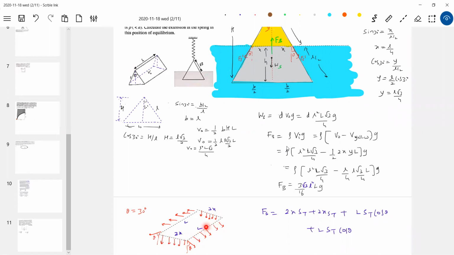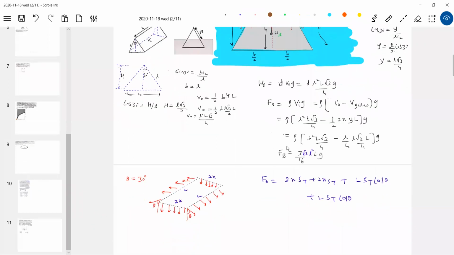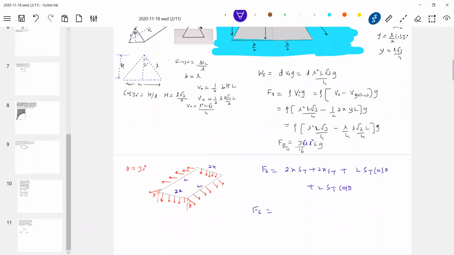Able to understand why these two terms, why this 2x? This length is 2x here. This is the edge length. What is the edge length? Edge length should be L. There's no other way: either you imagine or draw the diagram. So now the force due to surface tension should be equal to 4x S_T plus 2L S_T cos theta. What is cos theta? 30 degrees.